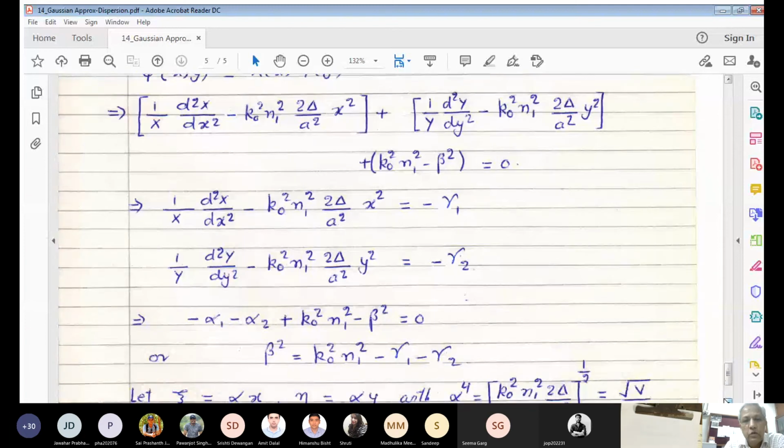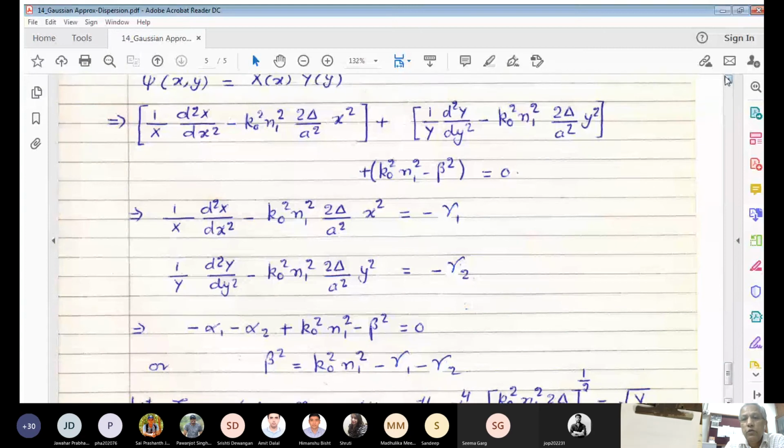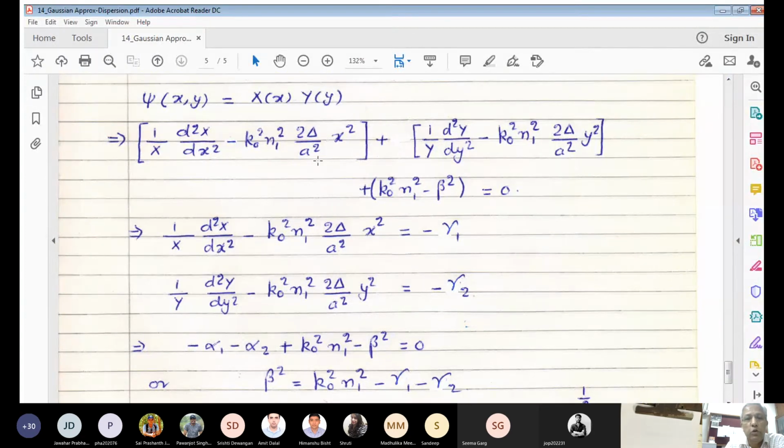And so, as we discussed earlier also, this is true for all x and y, and that is possible only when the terms involving x and the terms involving y are separately equal to some constant. Otherwise, it would not be possible to satisfy this equation for all values of x and y. So let me put those constants as minus gamma 1 and minus gamma 2.